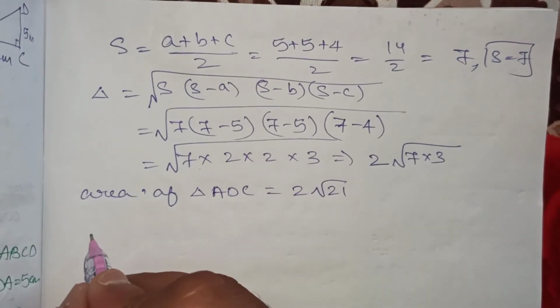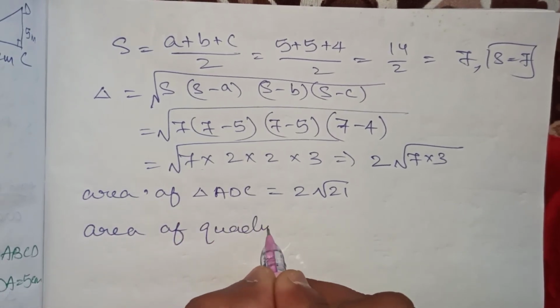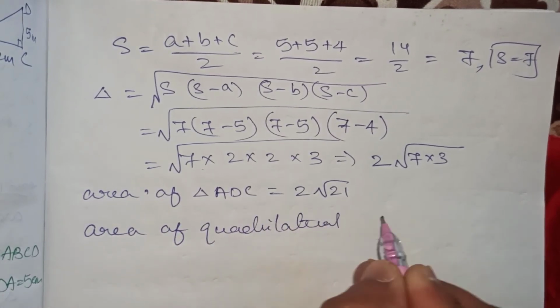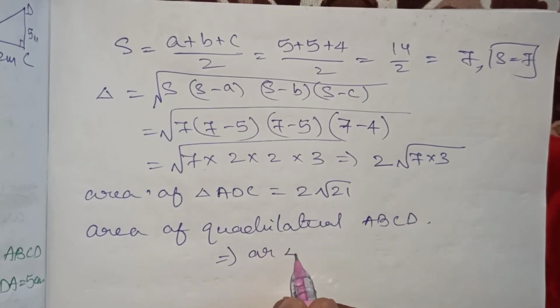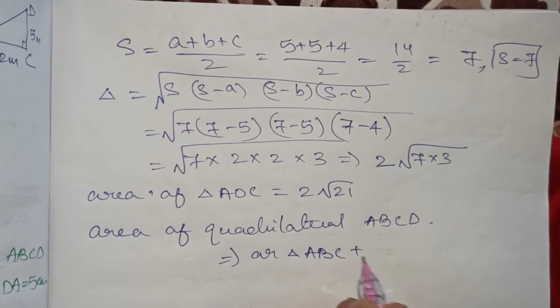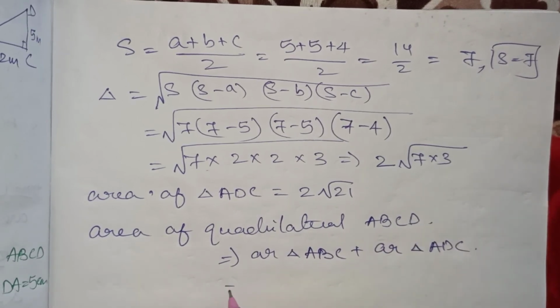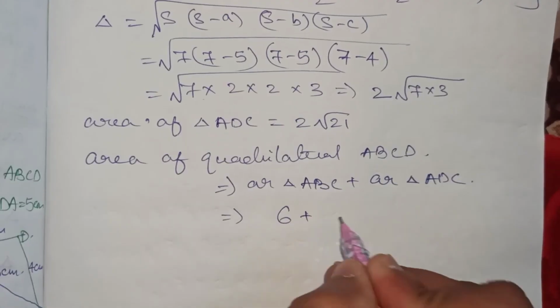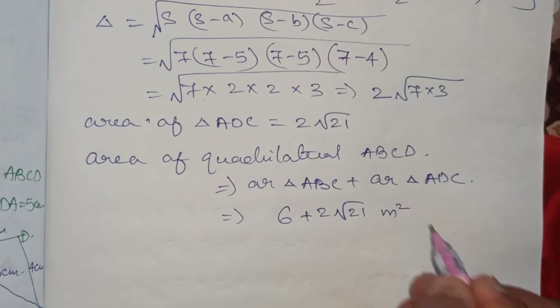That means area of quadrilateral ABCD will be area of triangle ABC plus area of triangle ADC, that is 6 plus 2 root 21 meter square.